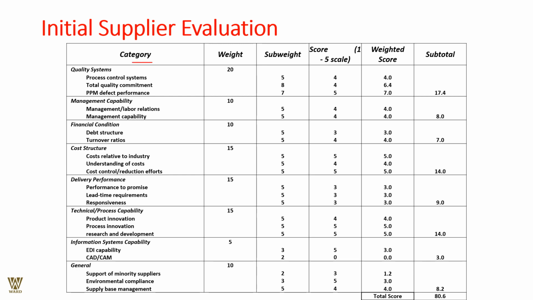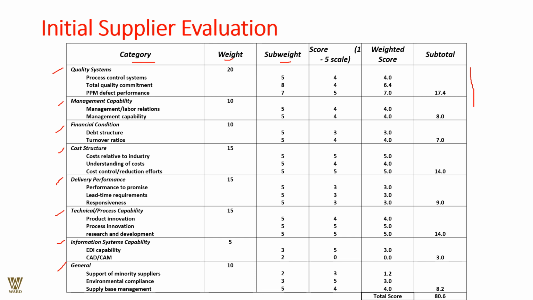So we have the category and then we can have the criteria. It can be a quality criterion, management capability, financial capability, and we have spoken about each of them, be it the cost structures, the delivery performance, the technical things, and so on and so forth. Now upon it you give the weightage and the sub-weightage for each of the points, multiply them, and you get a total.